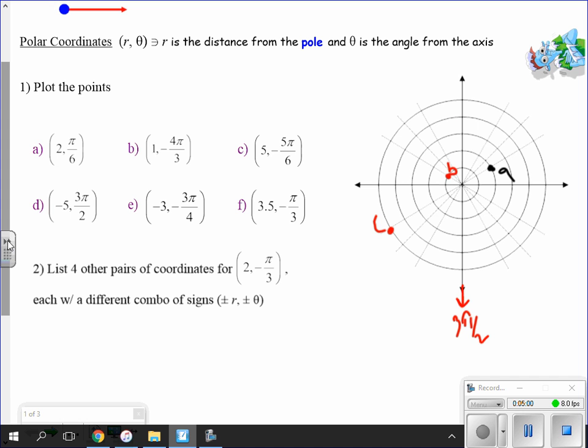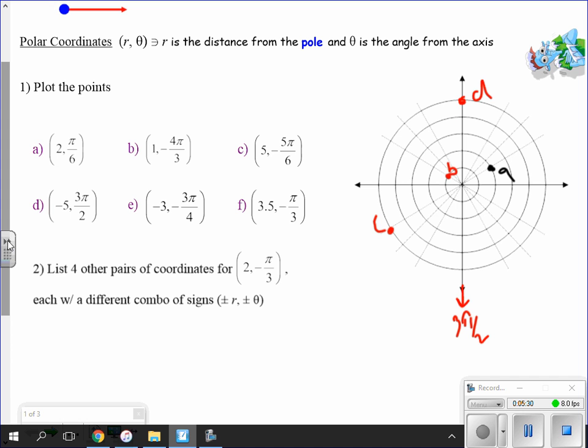So here's 0, so negative 5 would actually be in the opposite direction. It would be going up. Instead of going down in the direction of 3 pi over 2, which would be positive 5, I'm going to go to negative 5 up here. That's where D is. So I have the same angle, I'm just going in the negative direction. That means I'm going in the opposite direction of my actual angle.